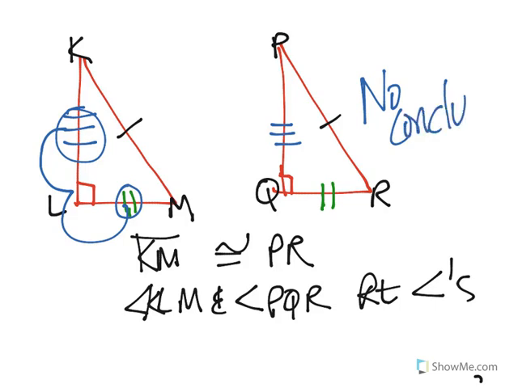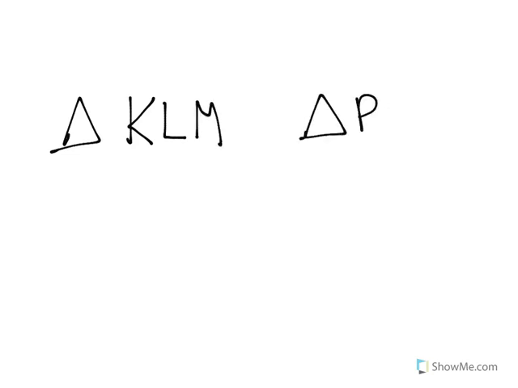Now, I want to remind you from your quiz, because a lot of you got some things wrong on this. Let's say I have triangle KLM and triangle PQR. If I say line segment KM, what is it congruent to?